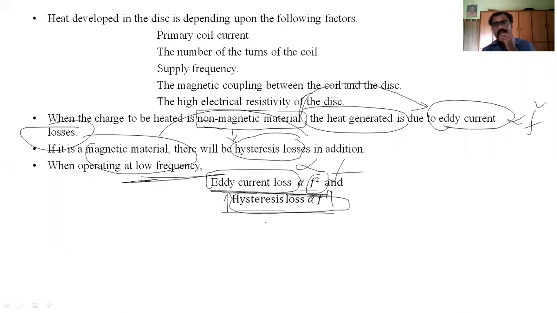At that point the material ceases to be magnetic, because at high frequencies the material loses its magnetic properties. That's why the hysteresis loss is very low compared to the eddy current loss.